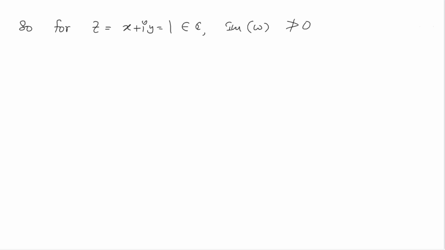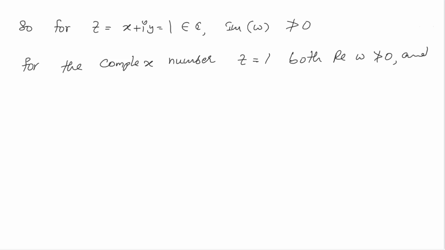So for the complex number z equal to 1, both real part of w is not greater than 0, and imaginary part of w is also not greater than 0. So options A and B are wrong.